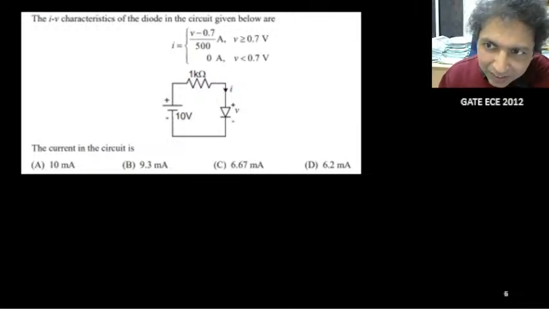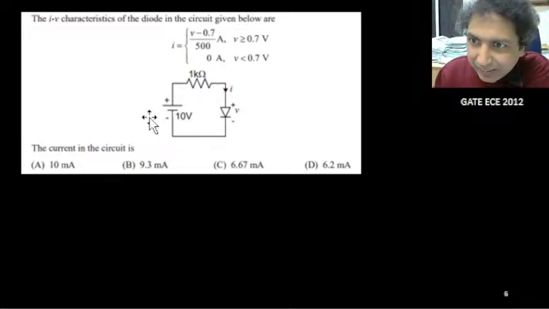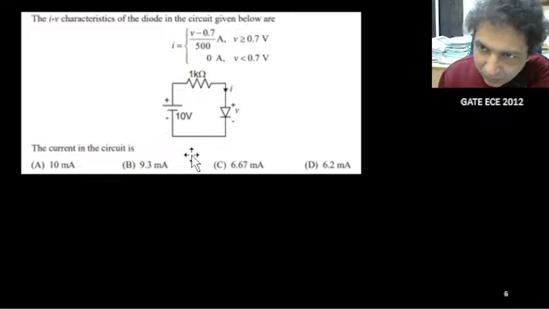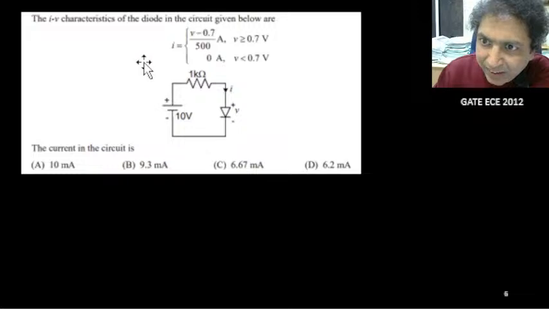Now we need to understand what this model is. They have a very simple circuit: a 10 volt source in series with a 1 kilo ohm resistor and a diode, and the VI characteristics for the diode are given here.